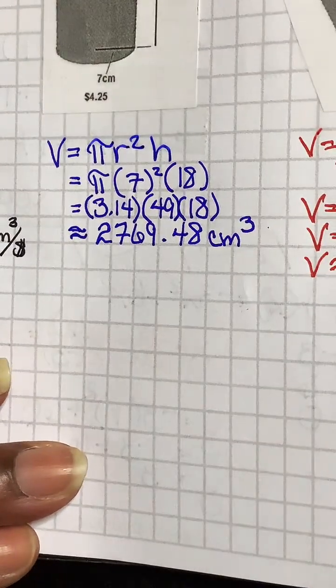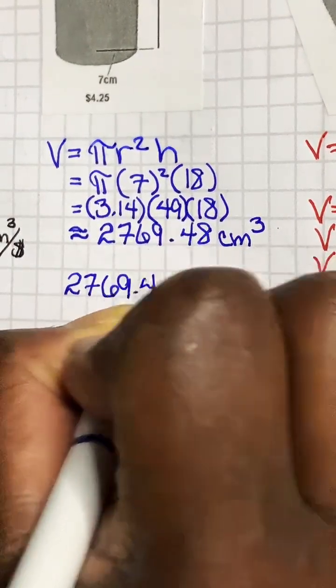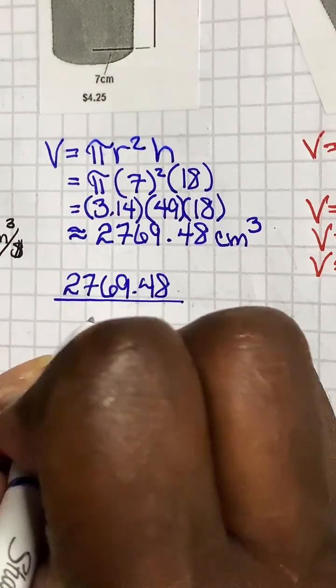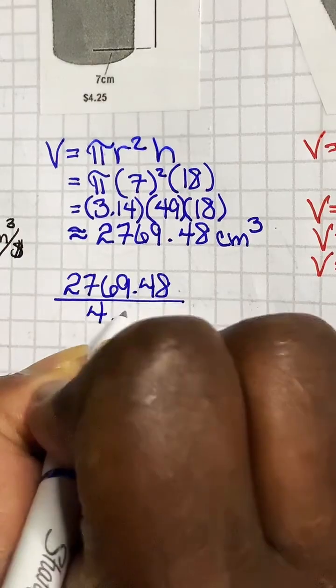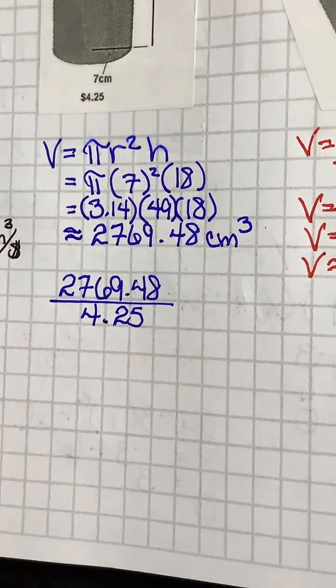The second one, we're going to take 2,769.48, and we're going to divide that by 4.25. And I'm not going to lie, I'm going to whip out my calculator.